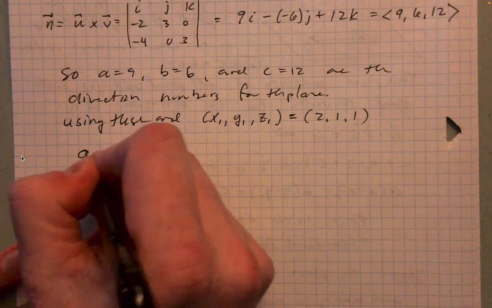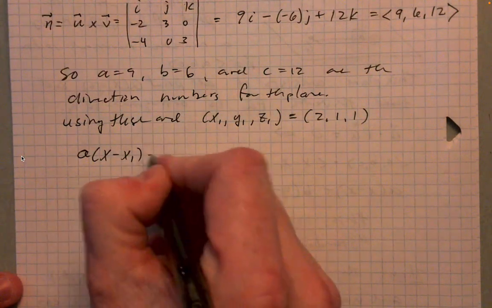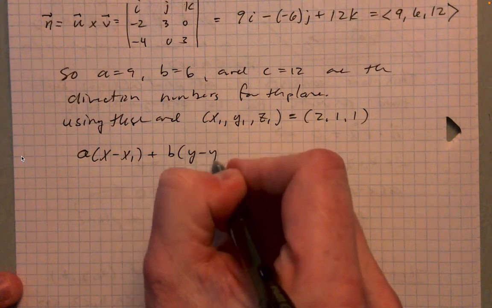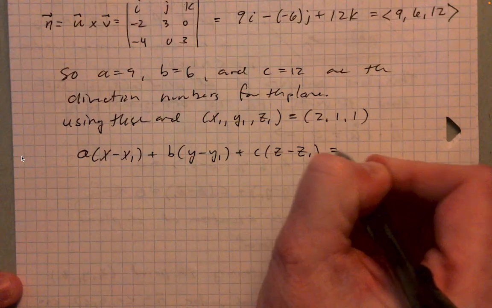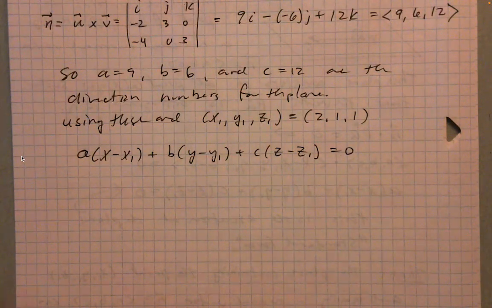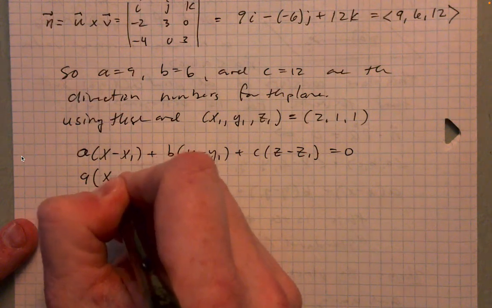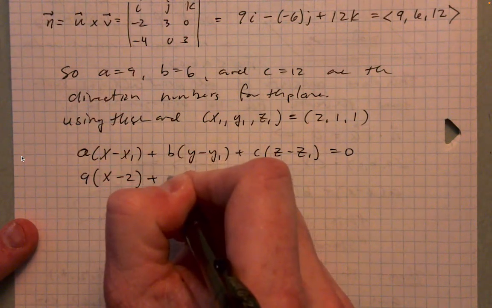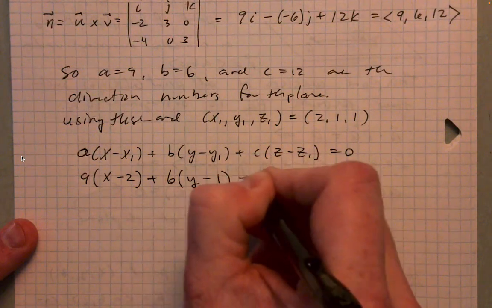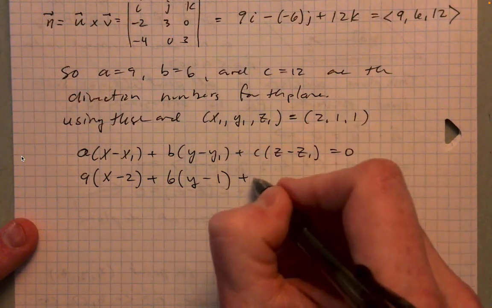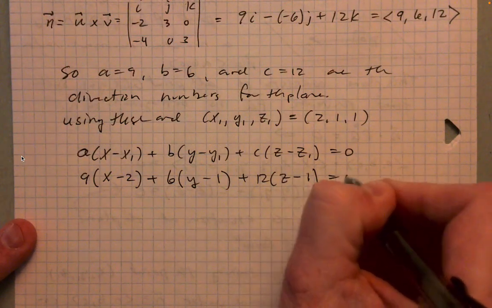So our standard equation looks like this: a times x minus x1 plus b times y minus y1 plus c times z minus z1 equals 0. And so just plug all of this in, and we get 9 times x minus 2 plus 6 times y minus 1 plus 12 times z minus 1 equals 0.